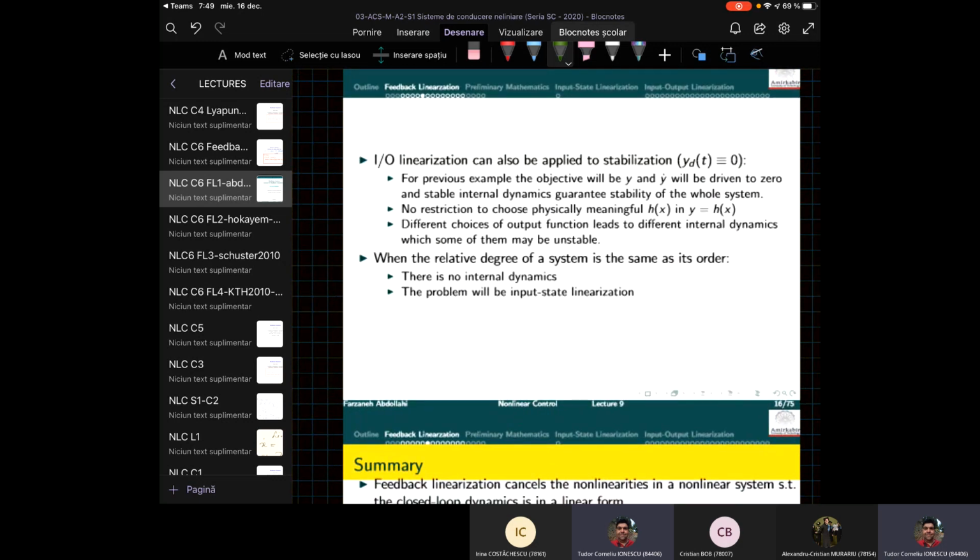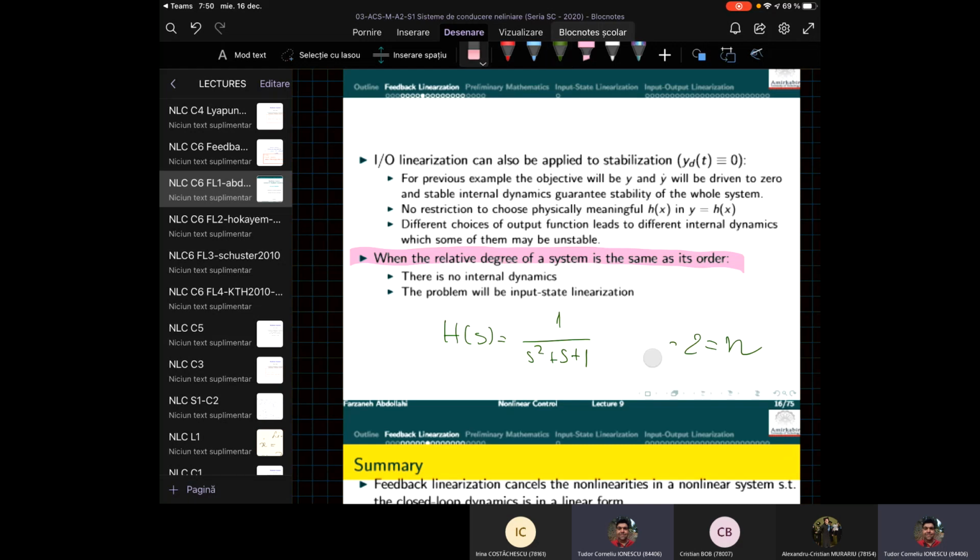Input-output linearization can also be applied to do stabilization, of course, and he explains here how you do that. Now, an interesting remark: what happens if the relative degree of the system is the same as its order? That means what happens when you have a transfer function like this. Here the relative degree is 2, equal to n.